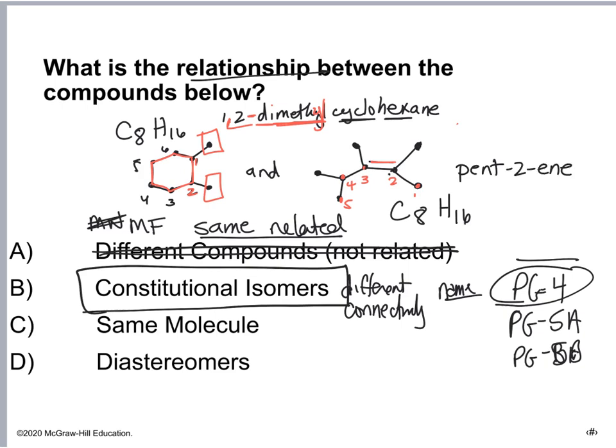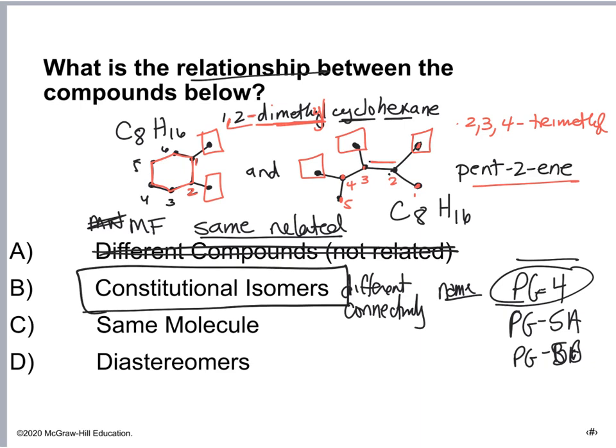That's a functional group. And then you have your substituents, which are this, this, and this. And so this would be 2,3,4-trimethylpent-2-ene.